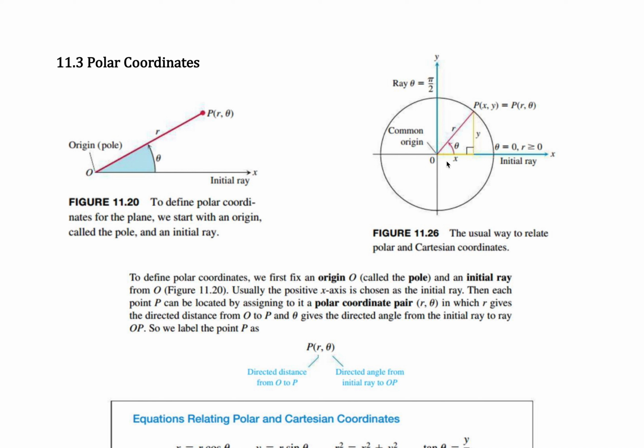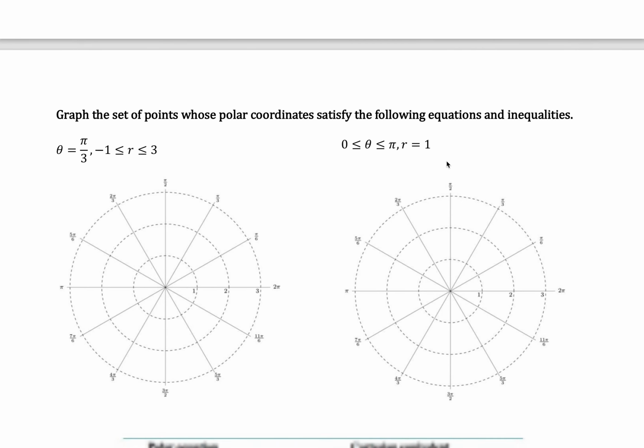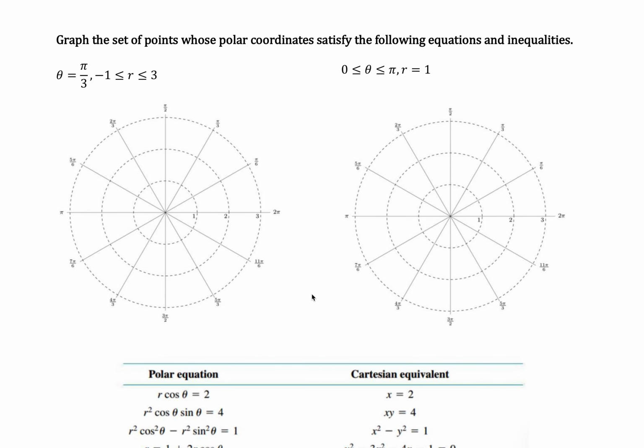So I'm going to scroll down to the second page here, where it gives us two sets of equations and inequalities. The first one, we're given that theta is pi over 3, and that r is going to be between -1 and 3 inclusive. So I have a polar graph, and in this polar graph you can see the common angles are labeled.